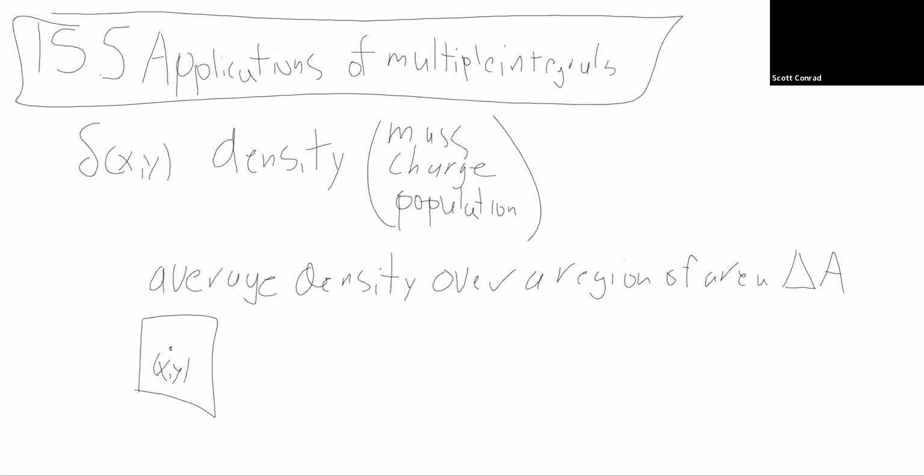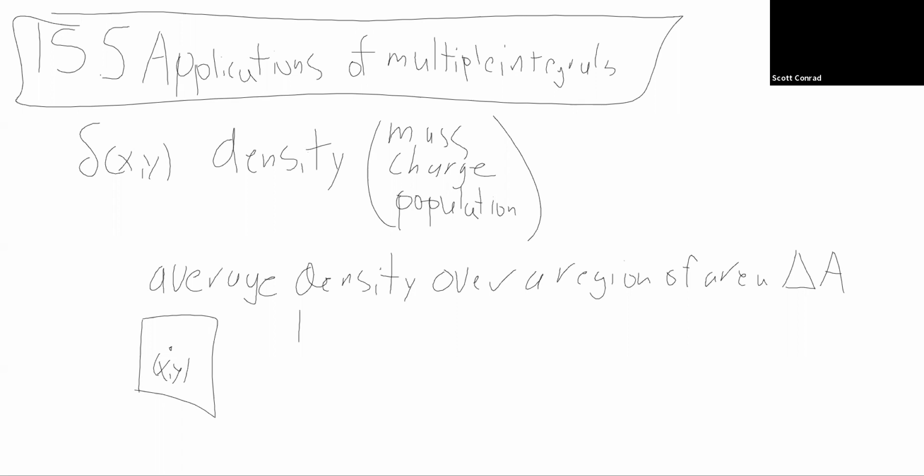So density is like mass over area, charge over area, population over area, right? Population density is if you have some region, say like 1 square mile, how many people live there? Well, the population density is that many people per square mile.